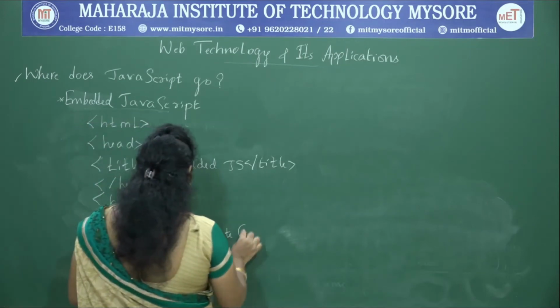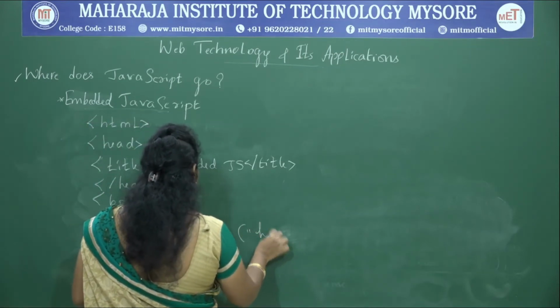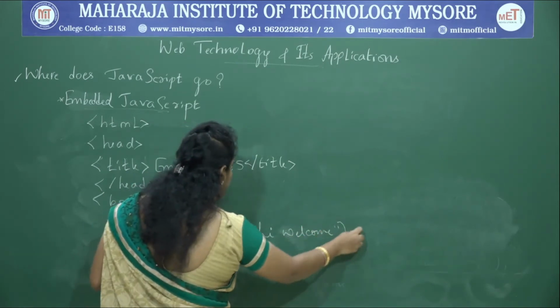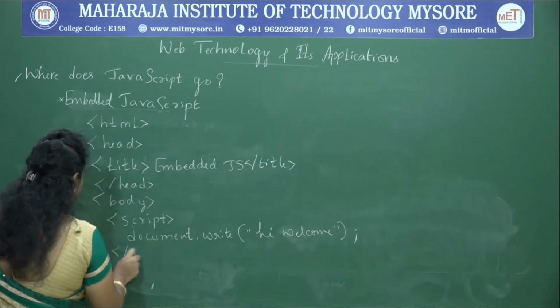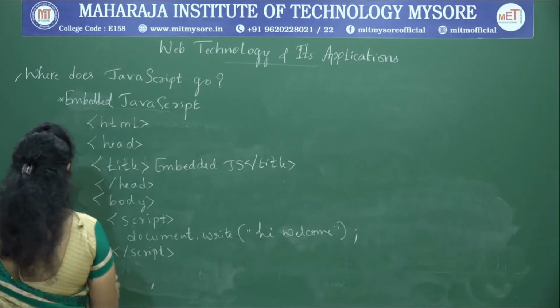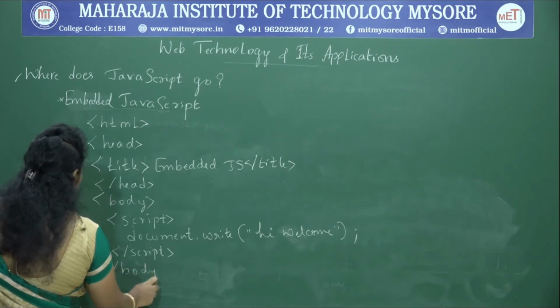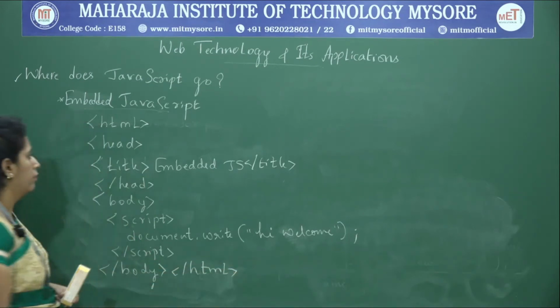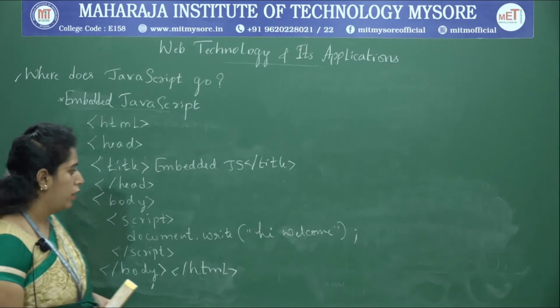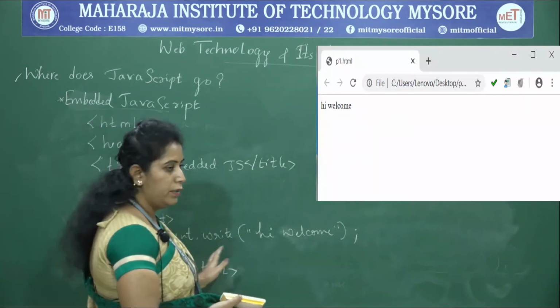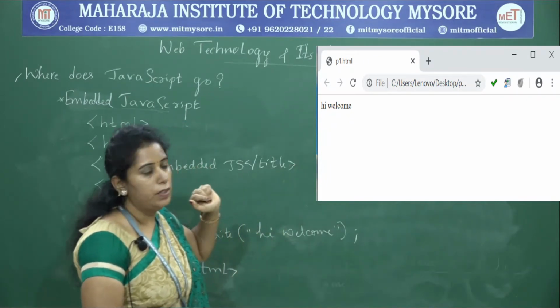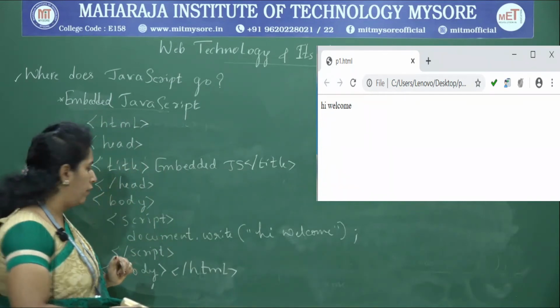There give a message, hi, welcome. Now close the script, also close the body, then close HTML. After writing this program, once you run it, you can notice the output, how it is going to display. So this is about embedded JavaScript.